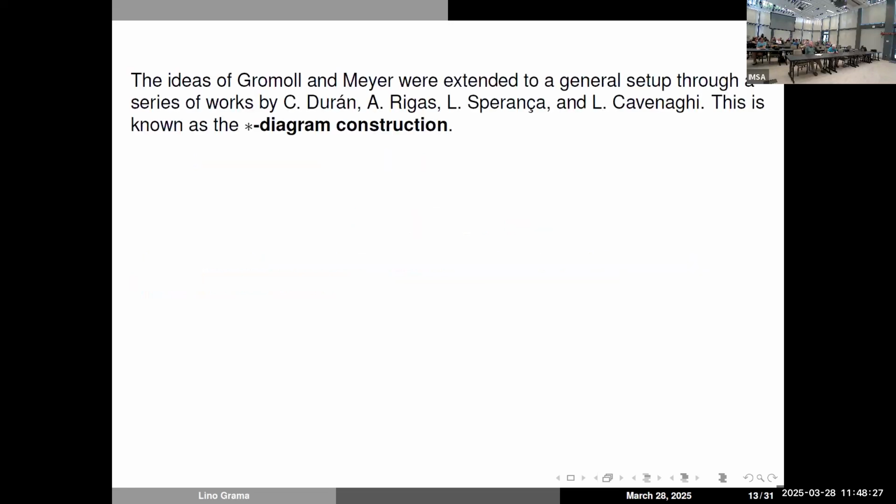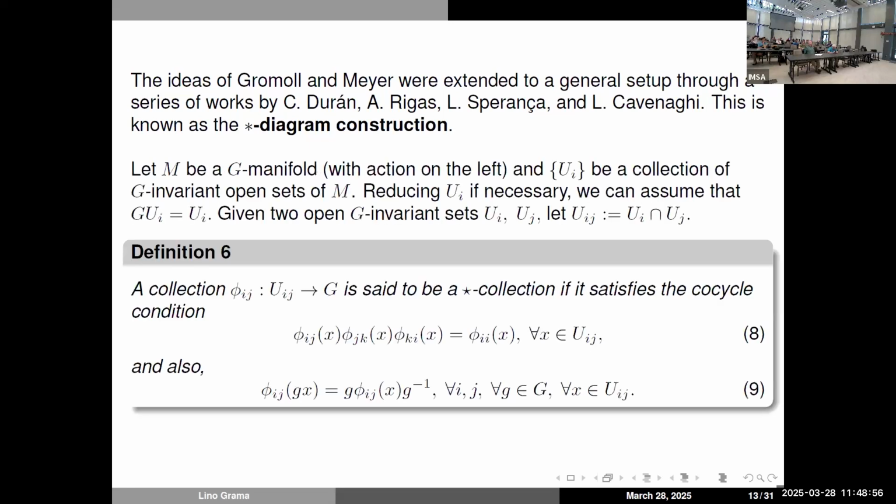The ideas of Gromoll-Meyer were extended in a general setup through a series of works by Carlos Durán, a student of Gromoll, and Alcibíades Rigas, who worked at Unicamp also, and his students, Lorenzo Esperança and Leonardo Cavenaghi. The formalism was named the star diagram construction.